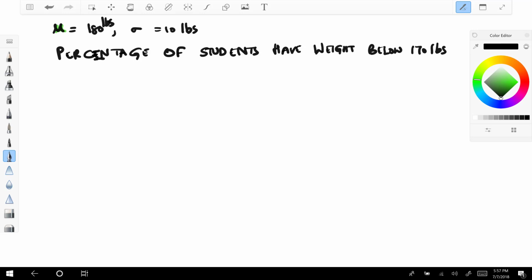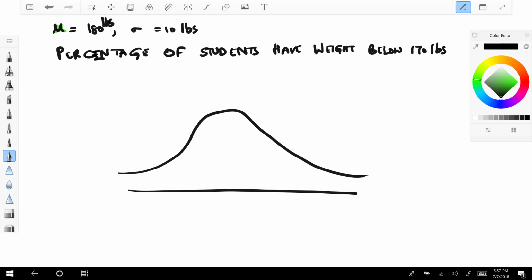If we see, we have a normal distribution. The mean is 180, and we are looking for weight below 170.